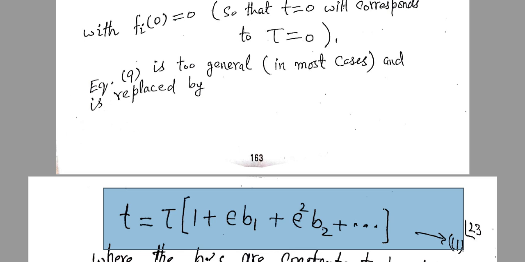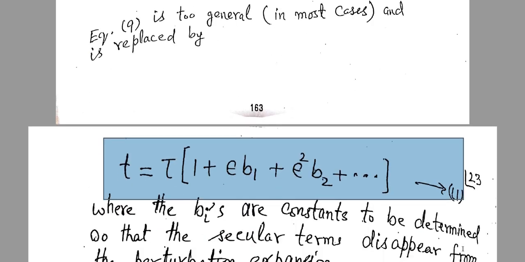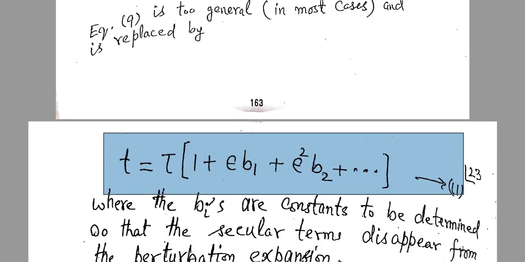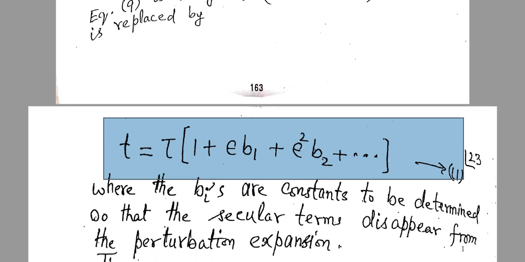That is, t is equal to tau into 1 plus epsilon b1 plus epsilon square b2 and so on, where these constants b1, b2 and so on, the bi's, are constants to be determined so that the secular terms disappear from the perturbation expansion. So our another task in this problem is to find these constants bi's in such a way that the secular terms disappear from the perturbation expansions.